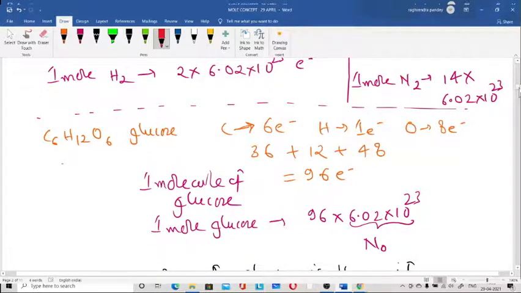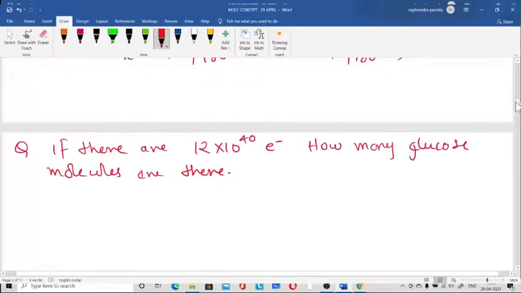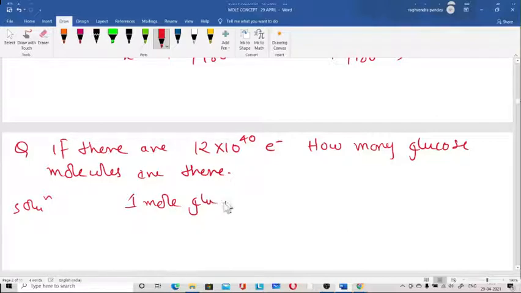So let's move on to our question. Okay, I'm solving it. Now 1 mole glucose has how much? 96 into Avogadro number electrons. Let's take X mole of glucose, having 12 into 10 to the power 40 electrons.